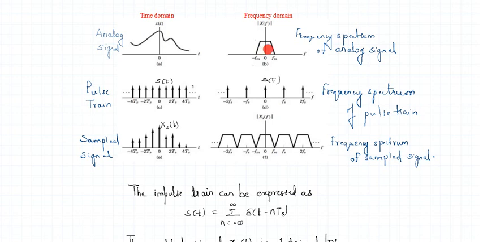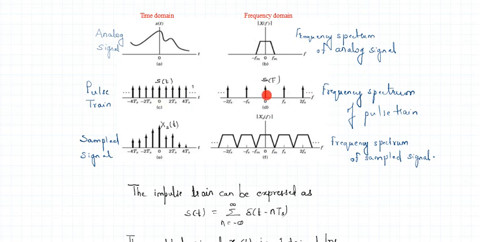Similarly, this is the train of impulse which is repeating after every Ts amount of time. When we find its frequency spectrum, we again get a train of impulses, but which are repeating after every Fs amount of time. So you could see here this frequency spectrum of the train of impulse is nothing but again a train of impulses repeating after every Fs.